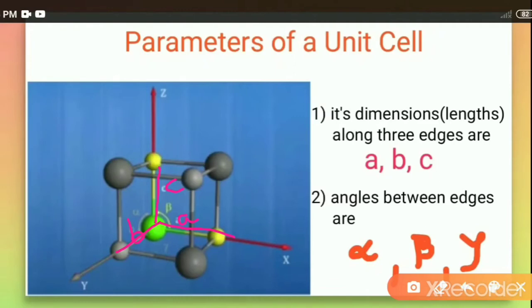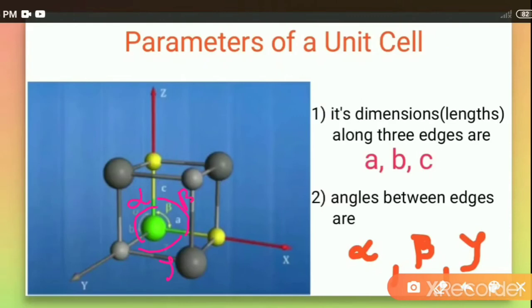The other parameters are the angles. Here, between the 3 edges, this is one angle that is represented as alpha, this angle is represented as beta and this angle is represented as gamma.